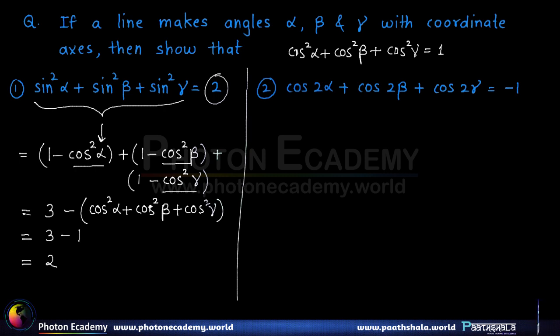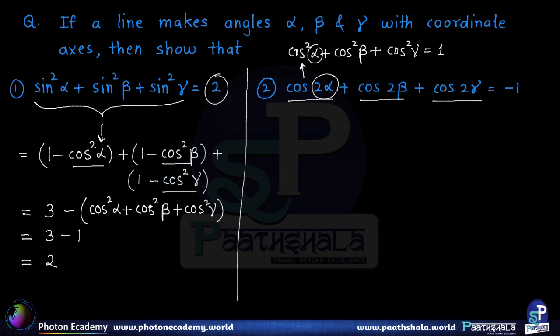Now in order to prove the second sub question, we observe that we are given the terms in terms of double angles, so cos of double angles. That means we have to somehow write the double angle formula to convert angle 2 alpha into alpha. So here also let us start off with LHS, and we know the double angle formula for cos, that is 2 cos square alpha minus 1.